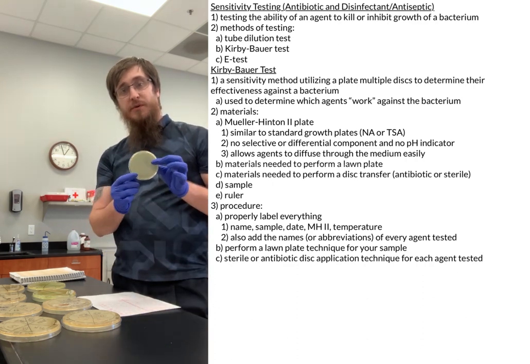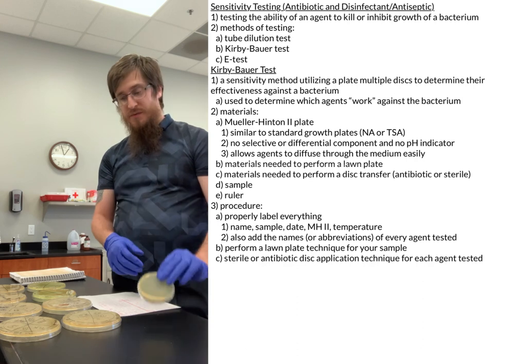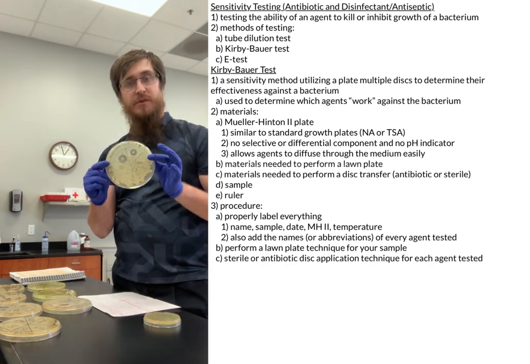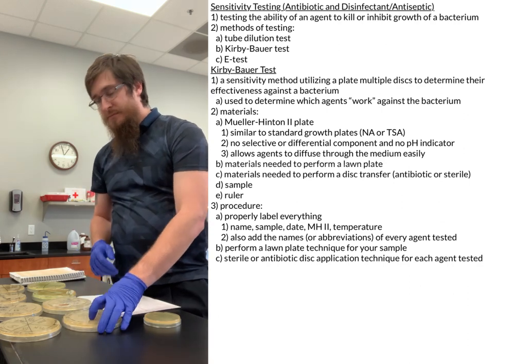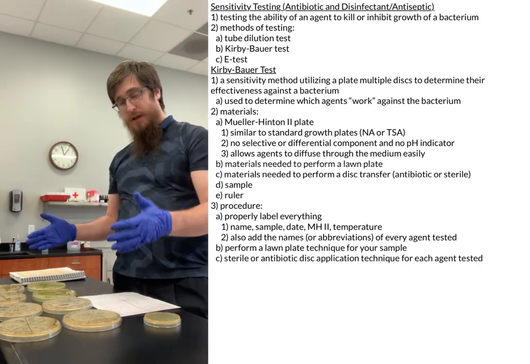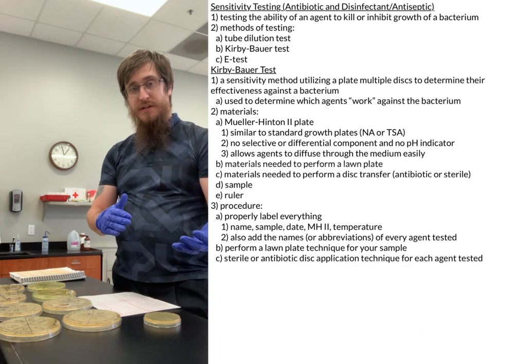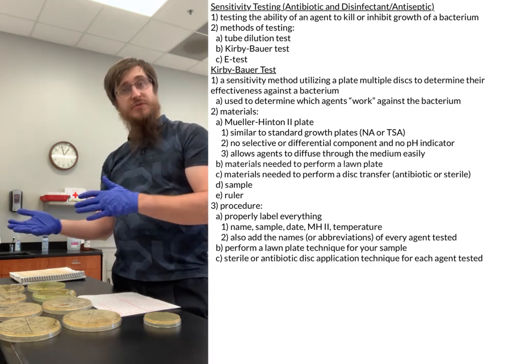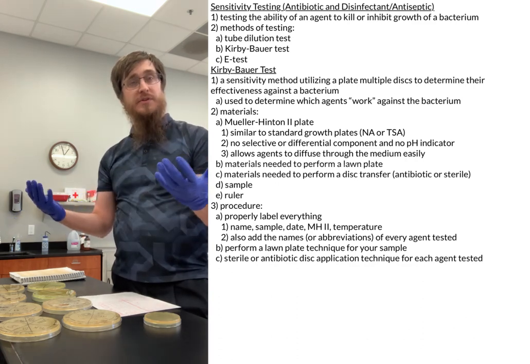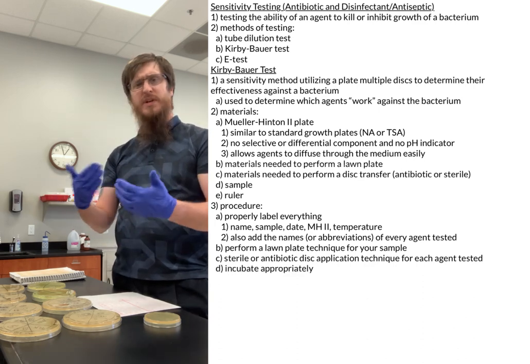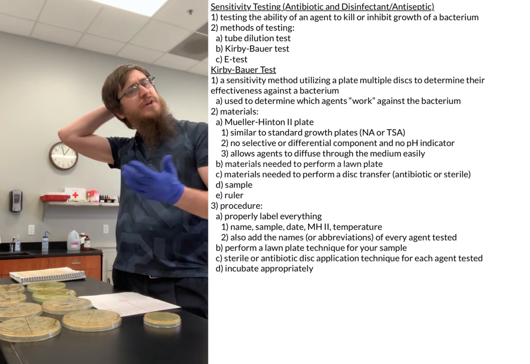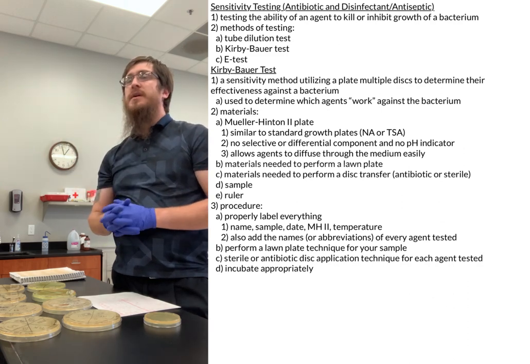Generally, when we use a small plate, we'll do 4 discs, and when we do the bigger plates, we will do 6 discs because we have more room. So pretty straightforward: label everything, do the lawn technique, do your disc transfer technique, and then we're going to put them in the incubator to allow them to grow for 48 hours to a week or so.